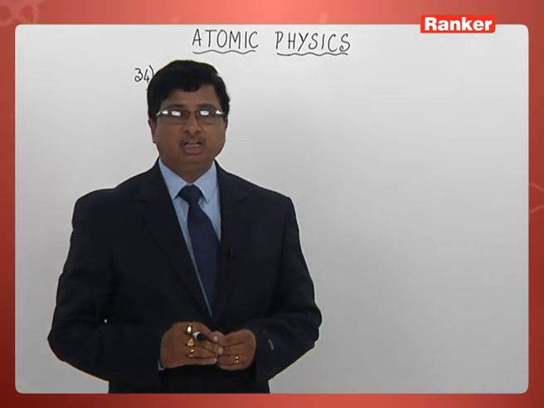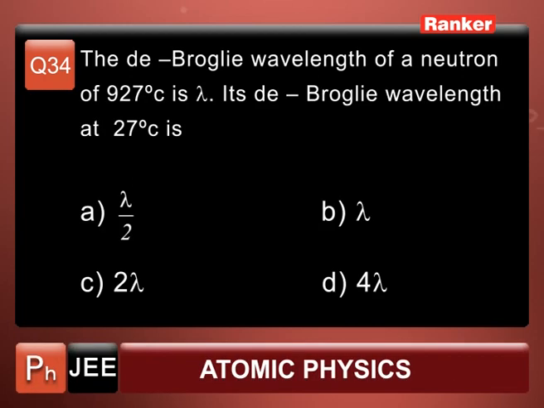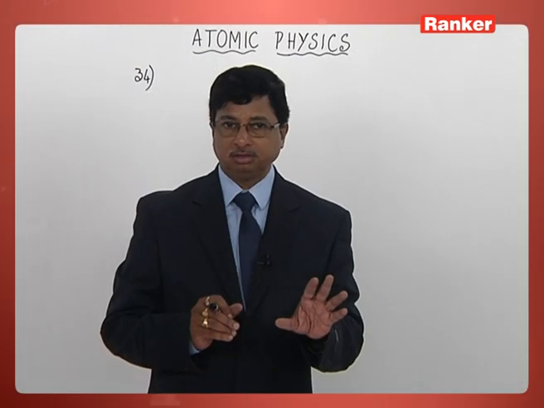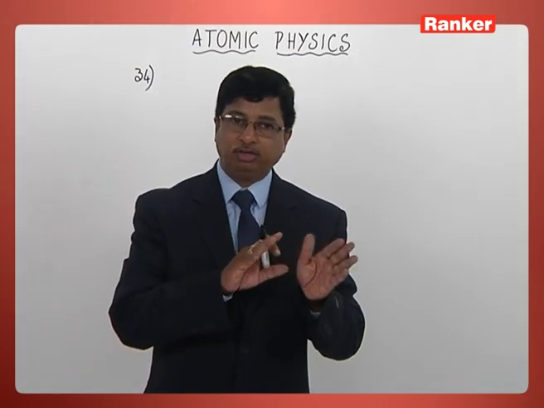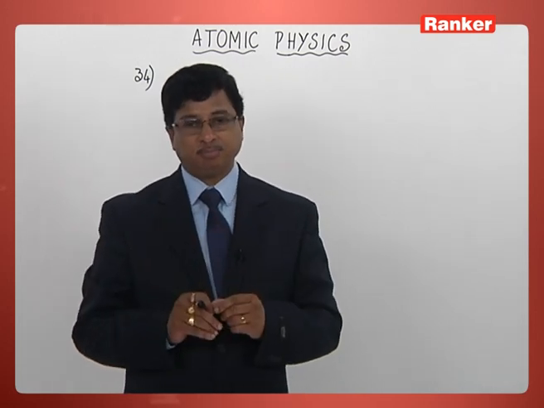Next is the 34th. Problem 34 is a simple application of problem number 33 that we have taken up. The de Broglie wavelength of a neutron at 927 degrees centigrade is lambda. That value of its de Broglie wavelength at that temperature is given as lambda.